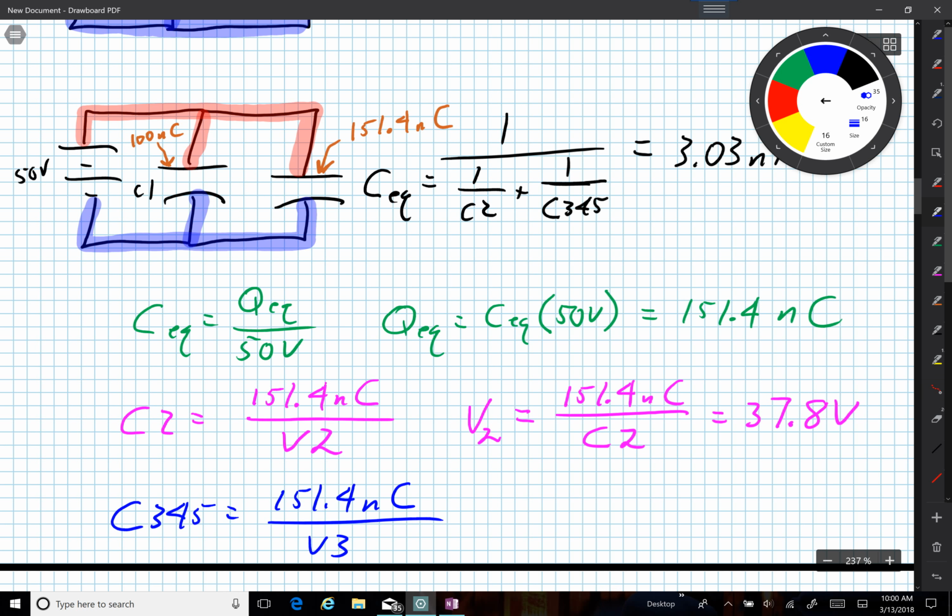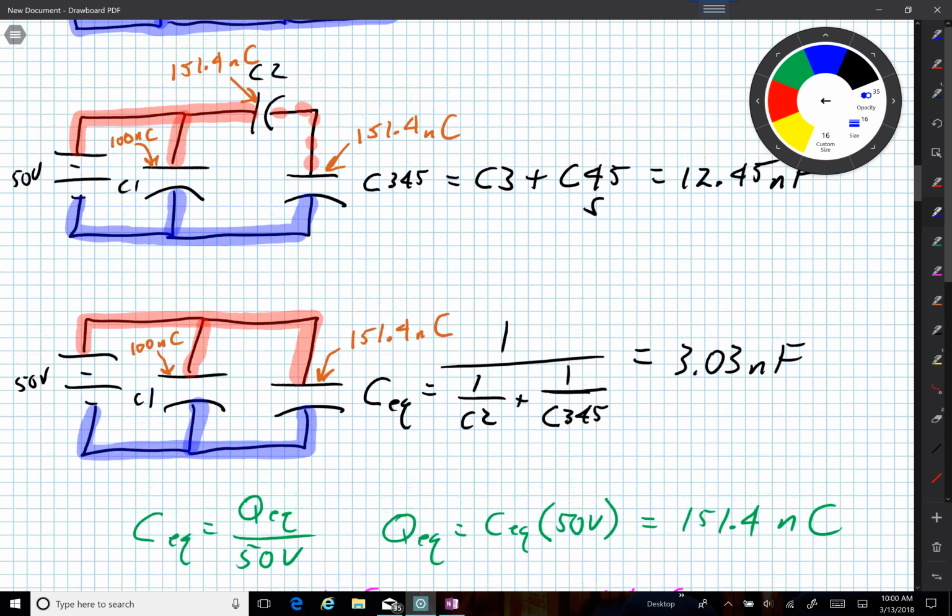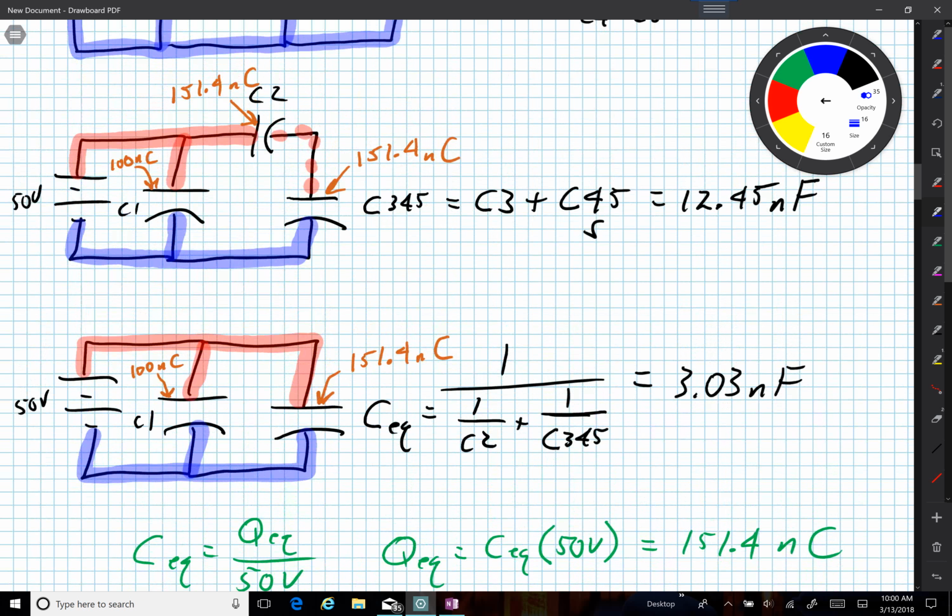We'll just do it. So V3 is 151.4 nanocoulombs divided by C345, and C345 was 12.45.